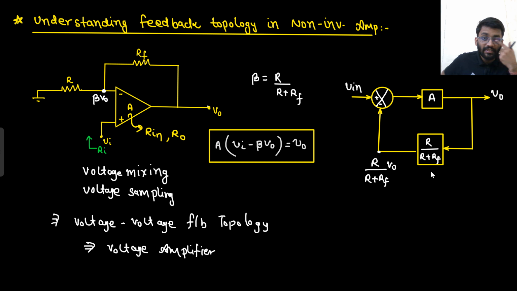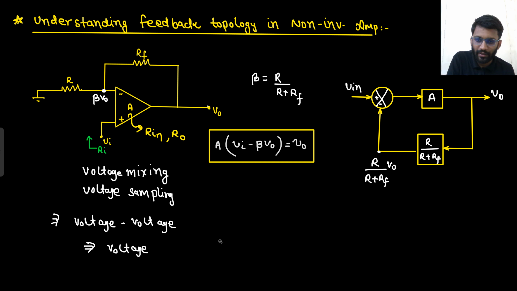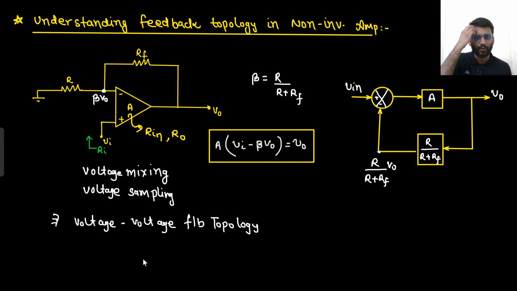What kind of feedback topology is there? Voltage feedback topology. So for voltage feedback topology, it is a voltage amplifier, right?